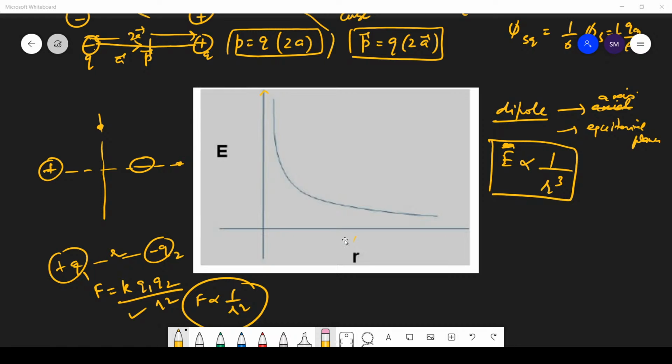If you are unaware of the case of non-uniform field, when the field is increasing and it is parallel or anti-parallel to the dipole moment, that is there in your book, a very important question. And sometimes you need to derive the formula torque is equal to P cross E, that is also there in your book.